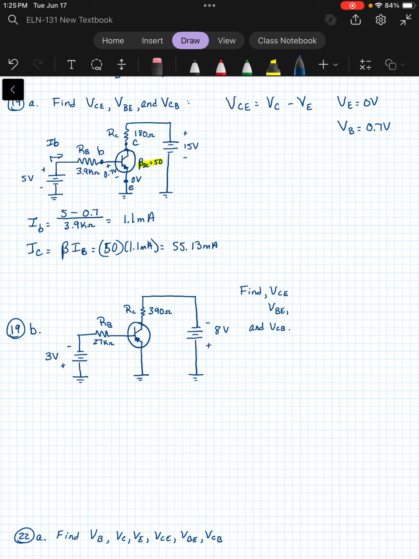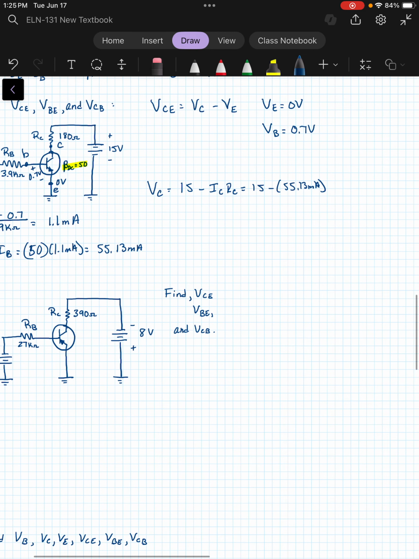Now, the voltage at the collector is going to be our VCC minus whatever the voltage drop is across RC. So that's going to be IC times RC. So 15 minus the 55.13 milliamps times the 180 ohms of resistance will give us our VC.